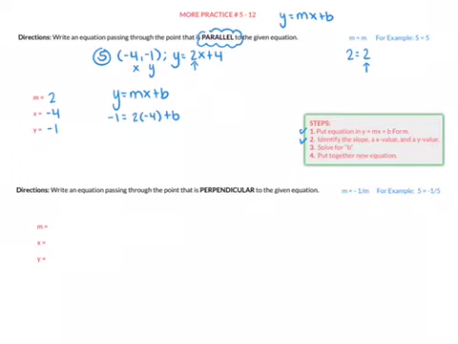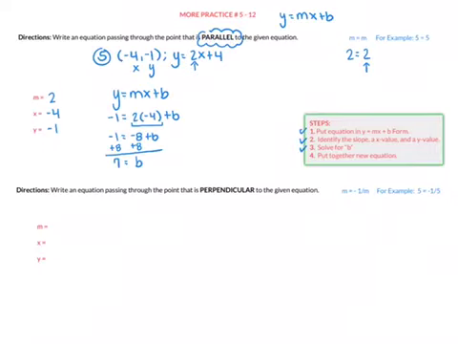We can clean up the right side by simplifying 2 times -4. And then the last step to get that -8 to cancel out, we can add 8 to both sides. The value for b should end up being 7.